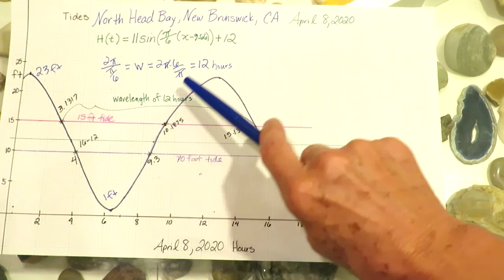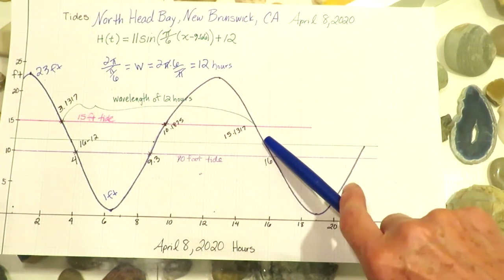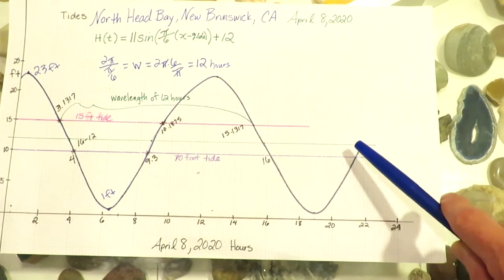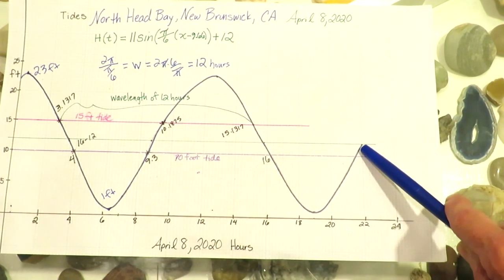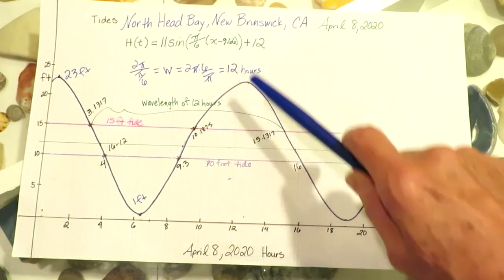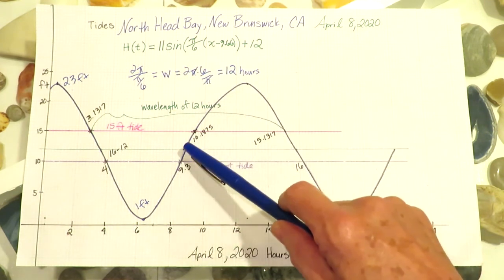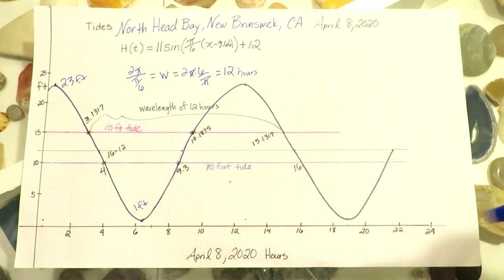And then I hit it again on the way, when the tide's going out. And then 12 hours later, I'm hitting that point again. So that's what the 9.66 is. Because this was written in terms of sine, it's telling us where we're hitting the line of equilibrium.